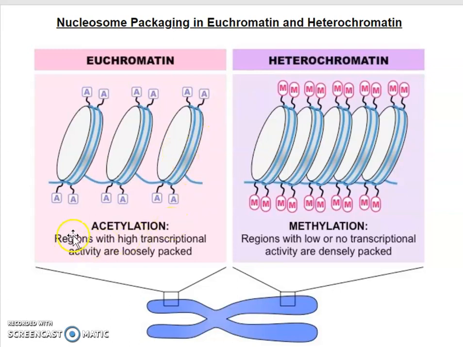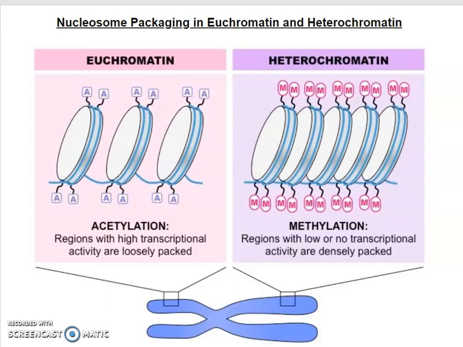By contrast, if we've got acetylated histone, it means that the DNA is much more loose and much more accessible for transcription. And this particular type of chromatin is called euchromatin. So euchromatin has easy access to being transcribed, whereas heterochromatin is less transcribed.